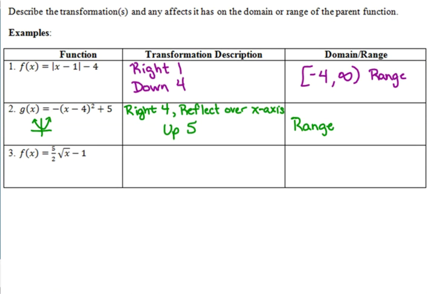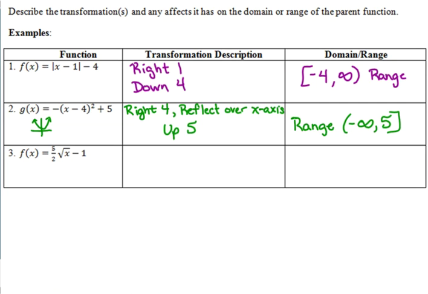We flipped it over. That changes our range. And then we moved it up. So our range is negative infinity to positive 5. Now, if you have to look at the graph to figure that out, that is absolutely fine. There's nothing wrong with that. But I'm just walking through the steps, so you could do it without it. All right.